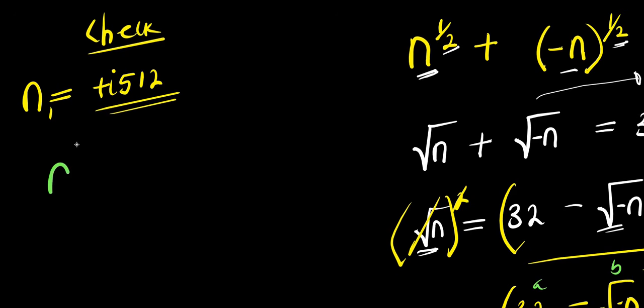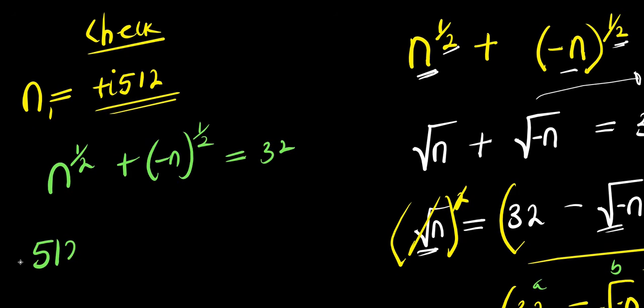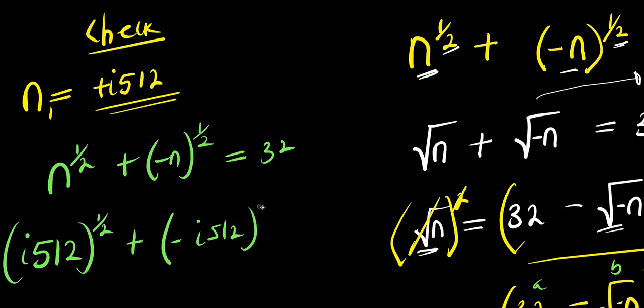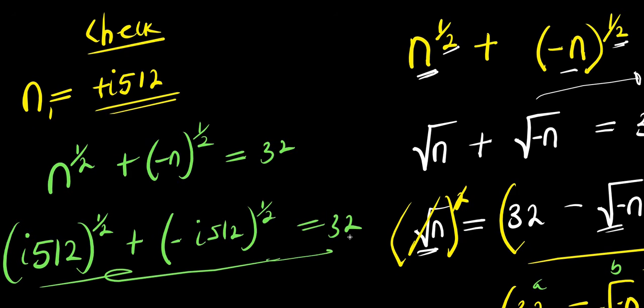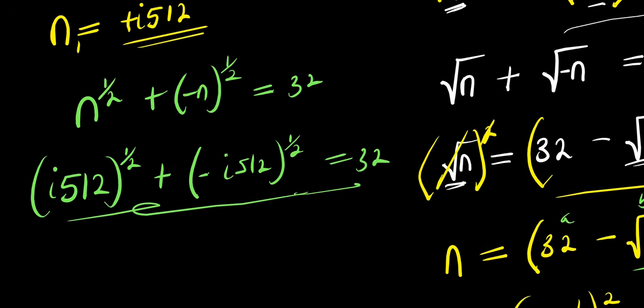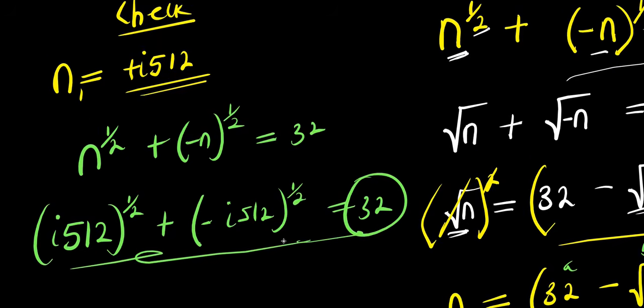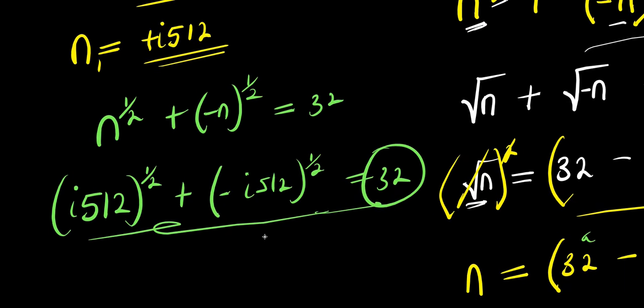That means you have n to the power of half plus negative n to the power of half equals 32. You have the complex number i 512 raised to the power of 1/2, plus the same thing, negative i 512 raised to the power of 1/2, equals 32. I want you to solve this and drop it in the comment box. Let's see if we are going to have 32. Do it and drop it in the comment box, then let's see if you're able to get it right.